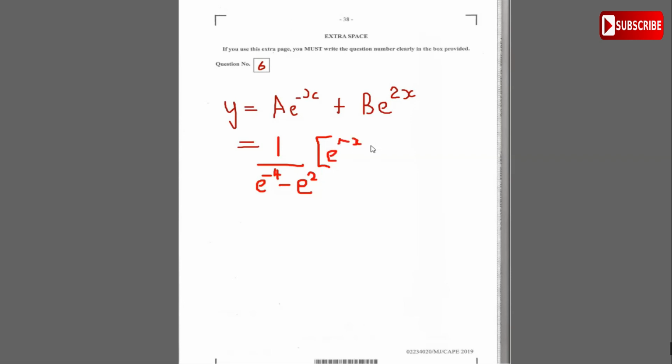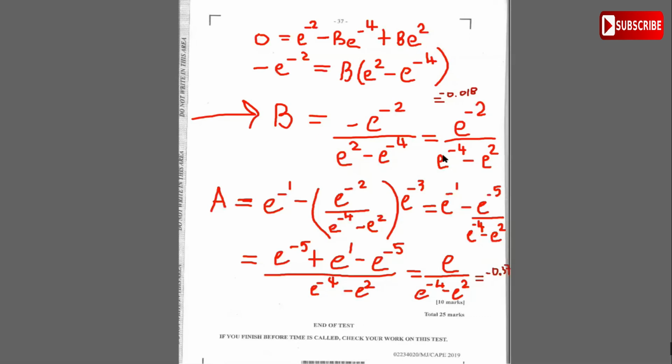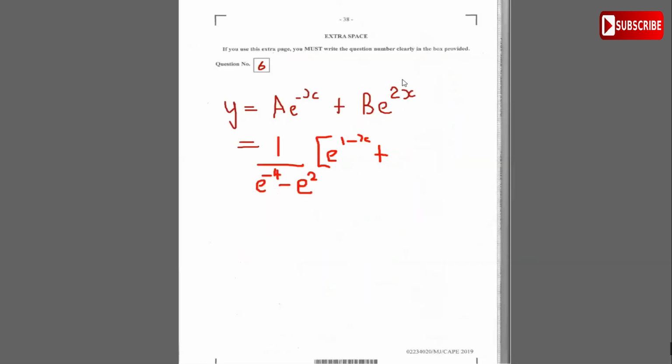That's what you get, e to the 1 minus x. Plus, go ahead now, and you multiply b now, e to the minus 2 times this will become e to the 2x minus 2. So this is the solution.